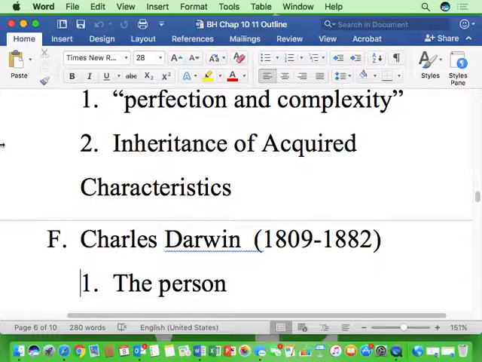So we're still in 1831. God bless you. And another friend of his, he's trying to worry about his friends here. Another friend of his suggests that he apply for a position on the HMS Beagle.